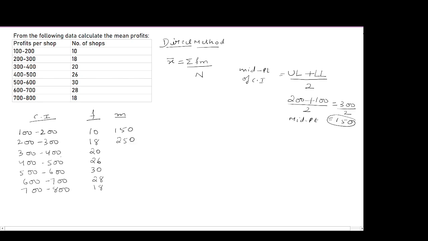Third one 400 plus 300, 700. 700 divided by 2 is 350. Next class interval 500 plus 400, that is 900. 900 divided by 2 is 450. Next 600 plus 500, that is 1100. 1100 divided by 2 is 550.